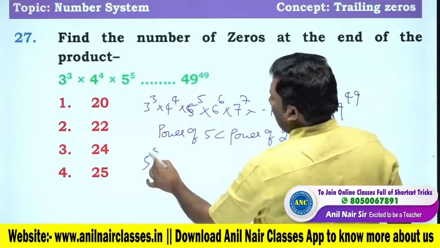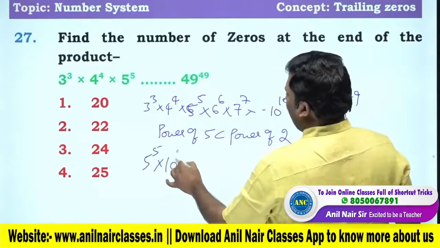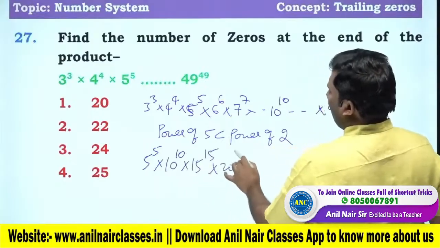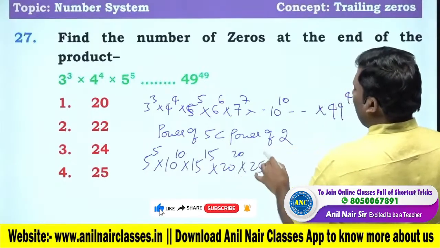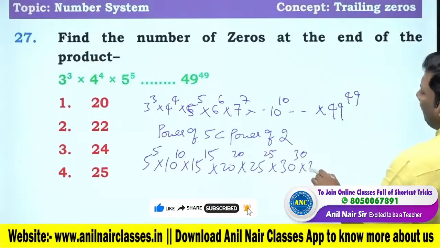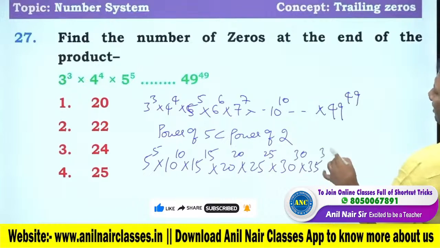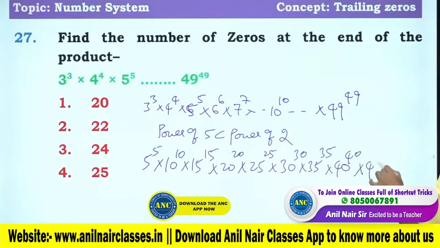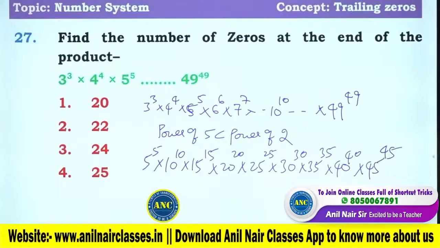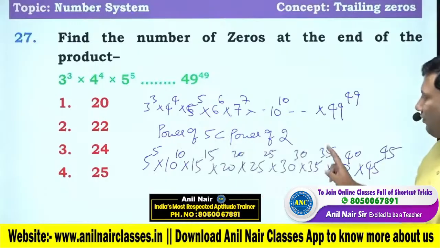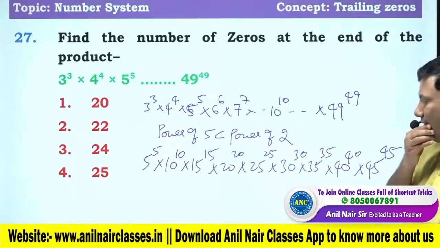So this will be 5 power 5, 10 power 10, 15 power 15, 20 power 20, 25 power 25, 30 power 30, 35 power 35, 40 power 40, 45 power 45. Only thing, whether it is 5 square factorial, at that time be careful, sir.